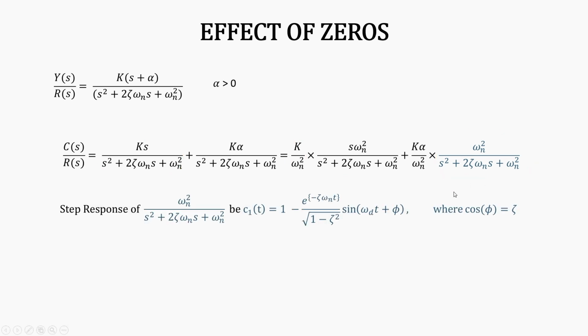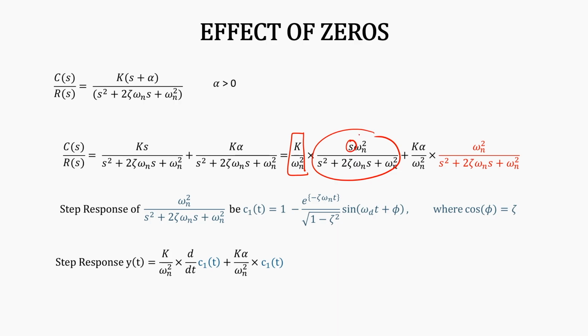Now, what is the Laplace inverse of this? If the step response of this is this, then the Laplace inverse will give us k by omega n square. For this part, it is s multiplied by this, right? If you remember, the Laplace of f of t is F of s, then the Laplace of d dt of f of t is s F of s, considering no initial conditions.